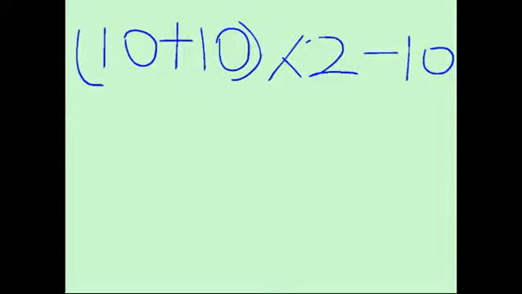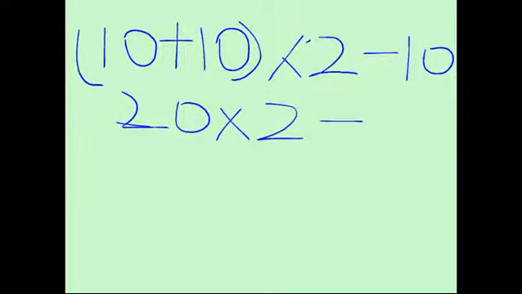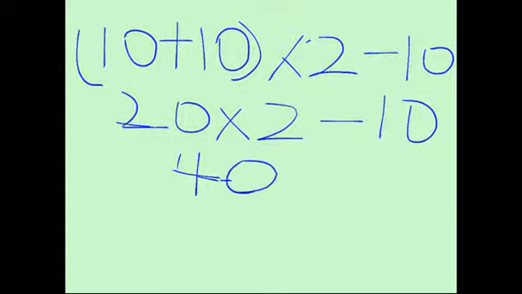That is 10 plus 10, which is 20. And you're having 20 times 2 minus 10. So it will be equal to 40 minus 10, which will give you 30.